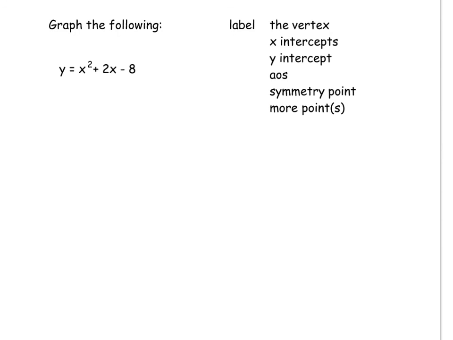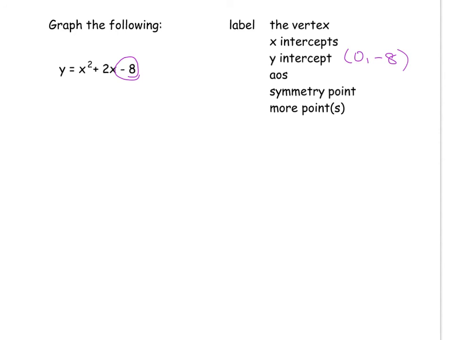All right, so we're doing a bunch of things here. I want to find the vertex, the x-intercepts, the y-intercepts, the axis of symmetry, the symmetry point, etc. So before I do anything, my C is my y-intercept. So let me start there: (0, -8). I don't want to have to work too hard if I don't have to.